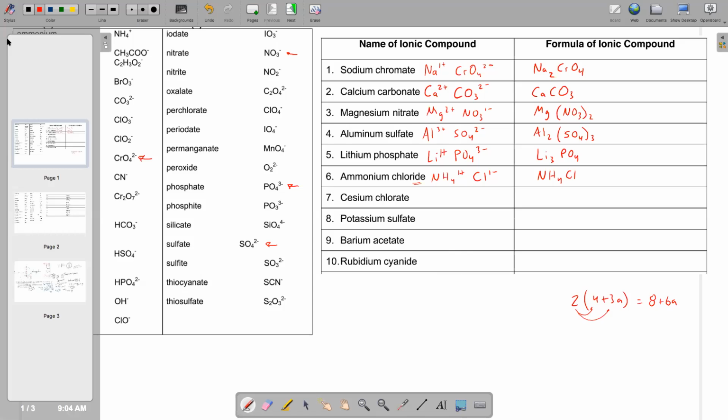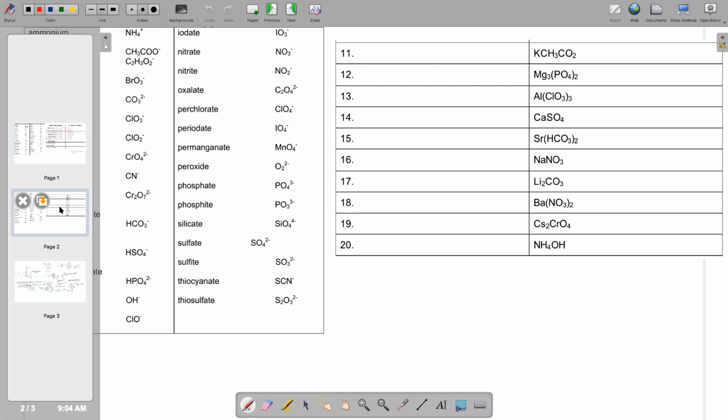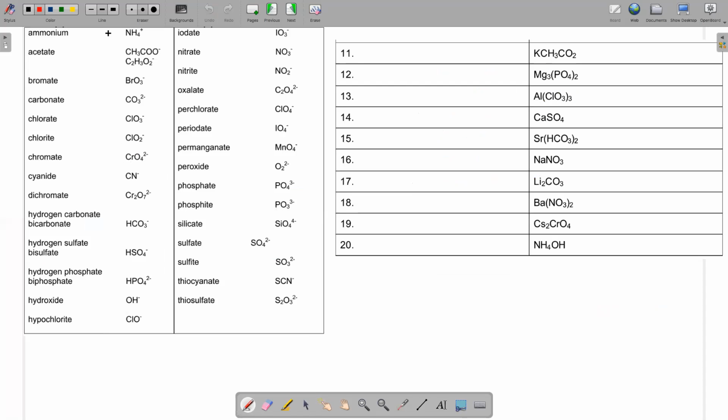Okay, at the bottom of the page, it's that same paper. There are lists of compounds, and we want to name them. And it turns out it's not so hard to name them. There are a couple little tricks you can do to try to figure out names. One thing I'll tell you is generally these polyatomic ions are usually anions.